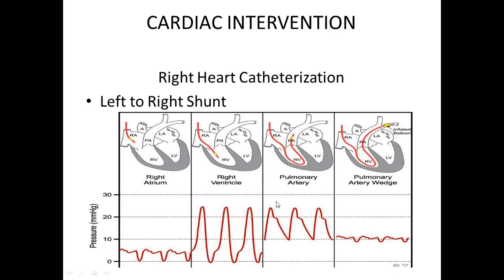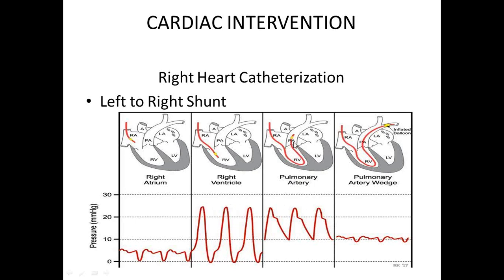You get your diastolic step up. Your diastolic pressure is now not close to zero, but probably 8 to 10 millimeters mercury. The systolic pressure in the pulmonary artery is going to be similar to the systolic pressure in the right ventricle, unless you have an obstruction right here.